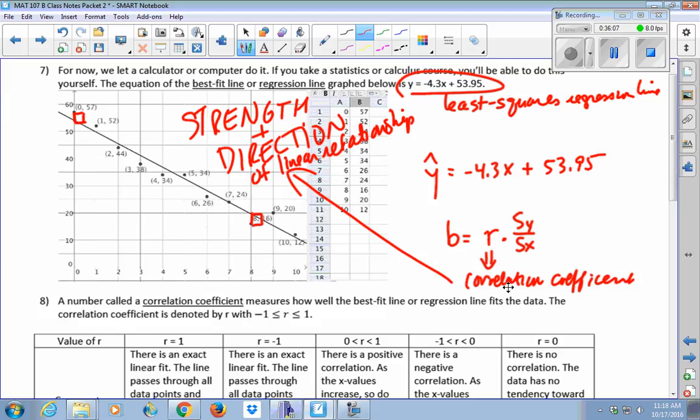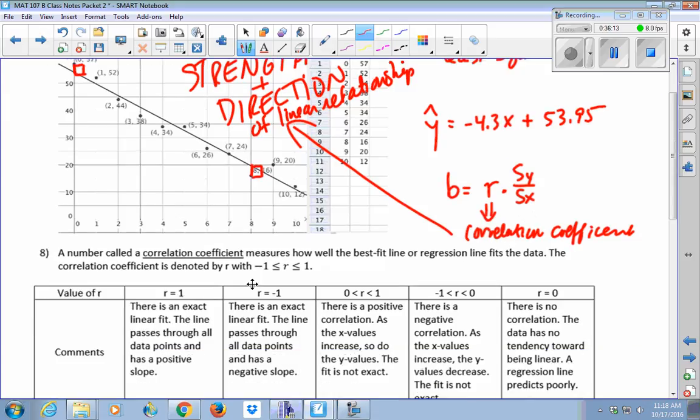Our R value, the correlation coefficient, is always between -1 and +1, where -1 and +1 is the perfect correlation. Things line up perfectly in a straight line.